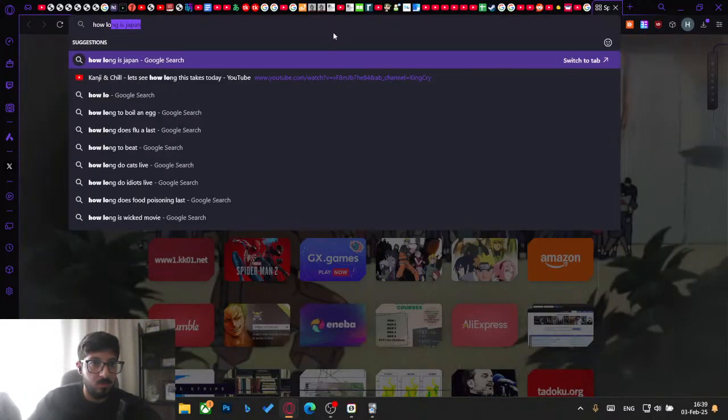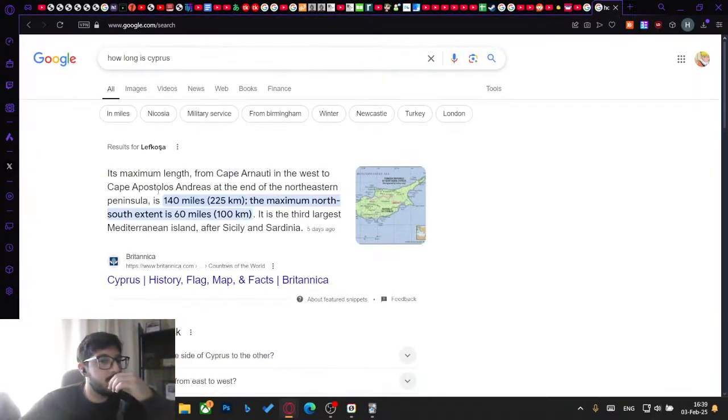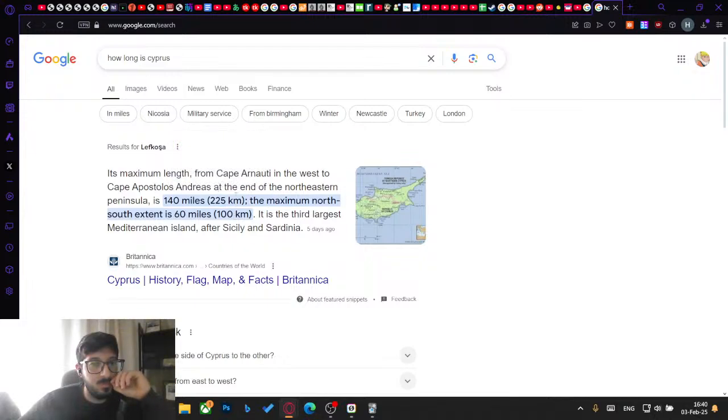Cyprus is 225 kilometers at its maximum, and from north to south it's 100 kilometers.